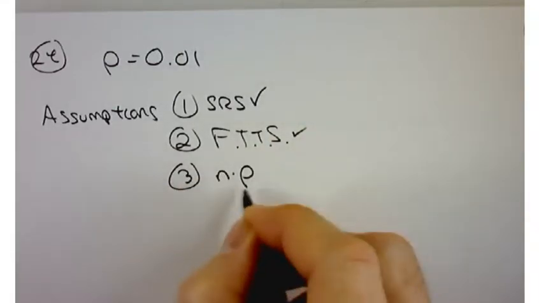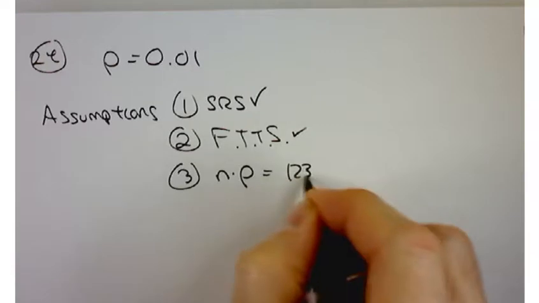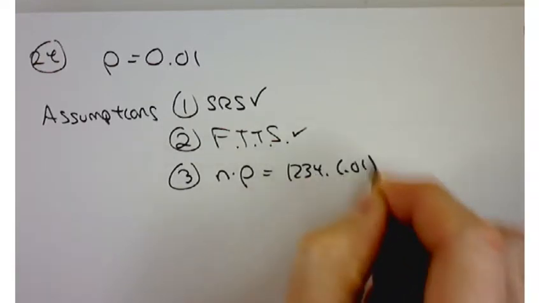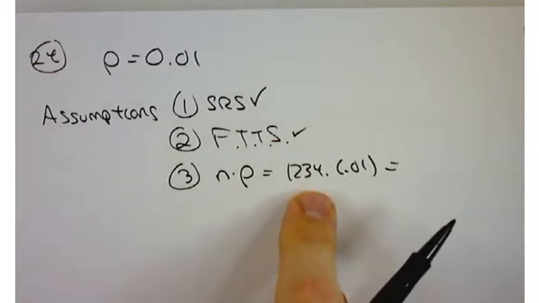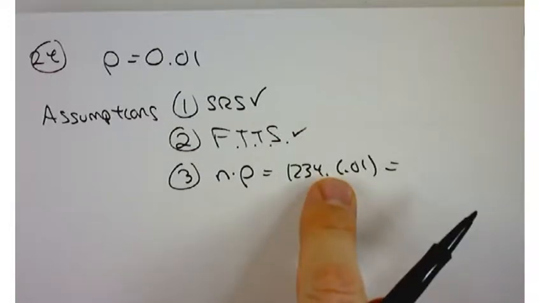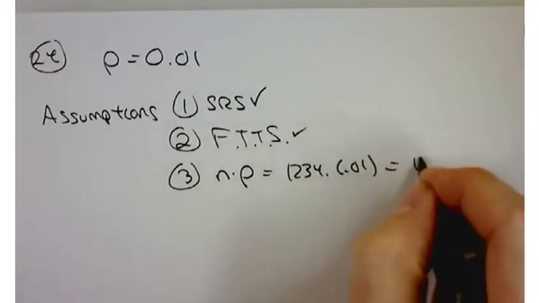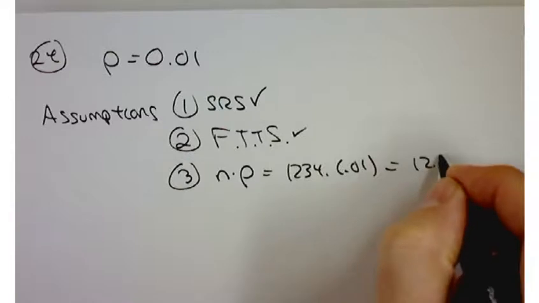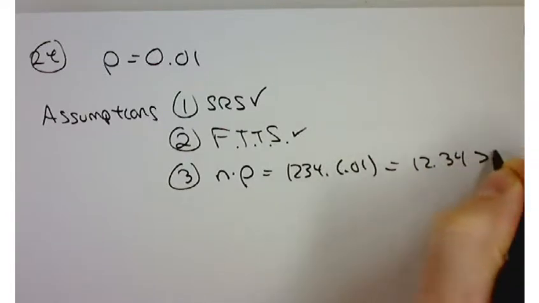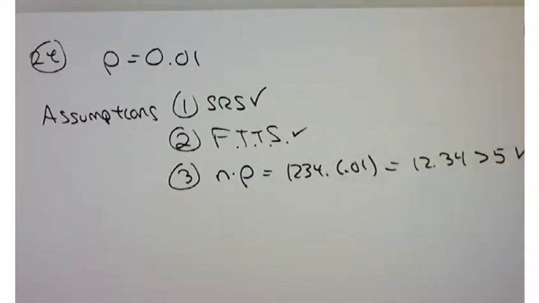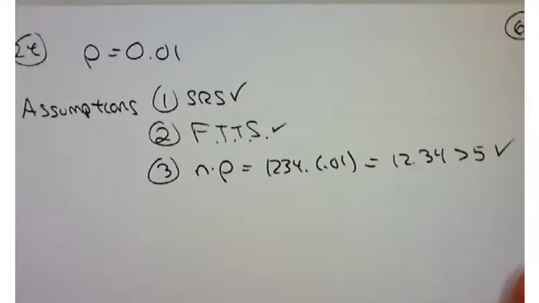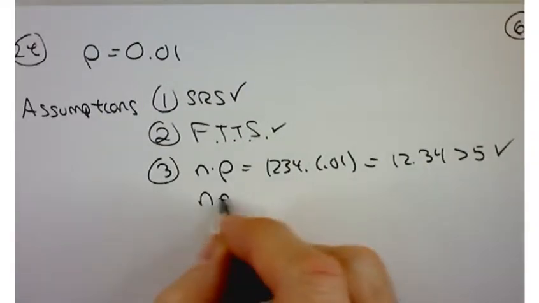N times P is going to be 1234 times 0.01. Should be able to do that in our heads, right? Multiplying by 0.01 is just going to move the decimal 2 places to the left. So 12.34. And hey, that's greater than 5. So we're good there. What's Q going to be?